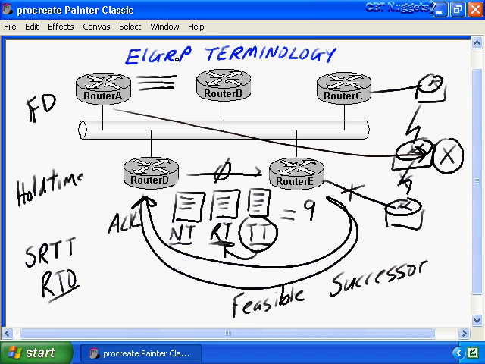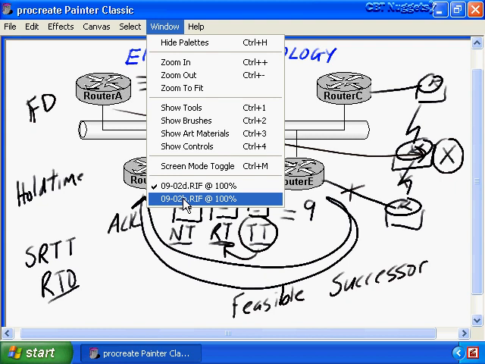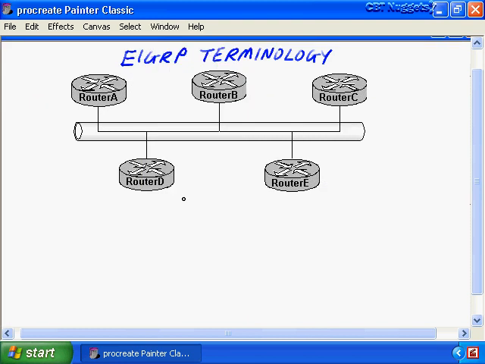Okay, let's go up one last time and get a new diagram here for our last few terms. The usual operating mode of a router, M-O-D-E, is the passive mode, and that's the normal activity where it's looking in the routing table to find the route to a destination network.